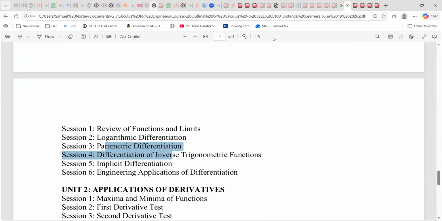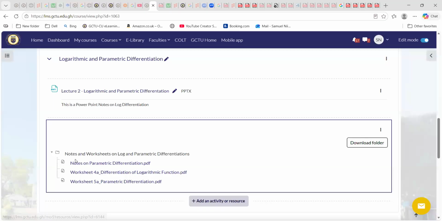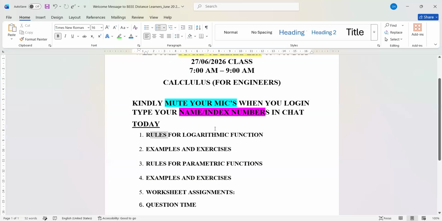On the LMS, I've just uploaded the material I'm going to use and the various worksheets that you need to use later. So when we are done and you need more examples, you can go there to do that. We are going to look first at the rules of logarithm functions.